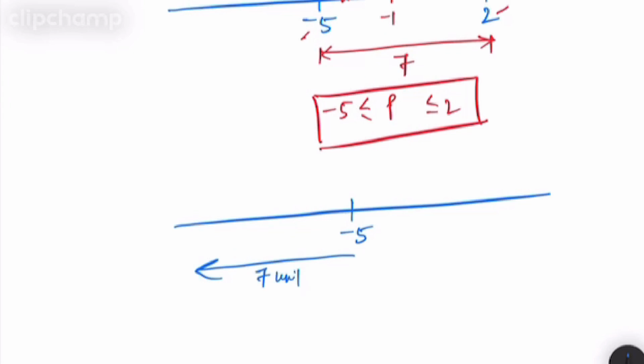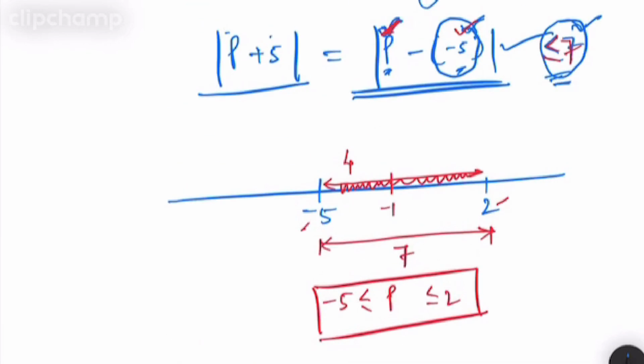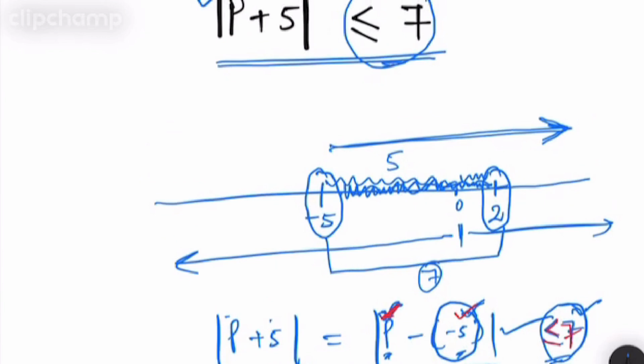For 7 units, he needs to come to the point minus 12. When he comes to minus 12, the total distance traveled from minus 5 will be 7 units, which is the requirement that it should be less than or equal to 7.